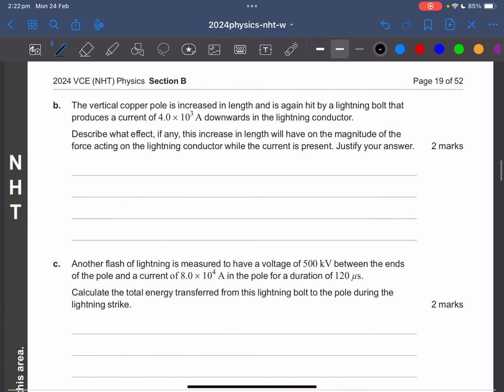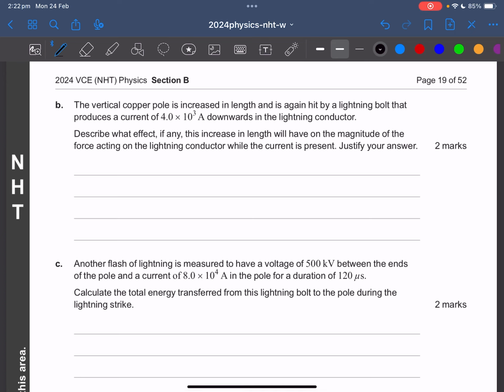Alright. The vertical copper pole is increased in length and is again hit by a lightning bolt that produces a current of 4 amps downwards in the lightning conductor. Describe what effect, if any, this increase in length will have on the magnitude of the force acting on the lightning conductor while the current is present. Justify your answer. Okay, so we use the formula F = BIL.